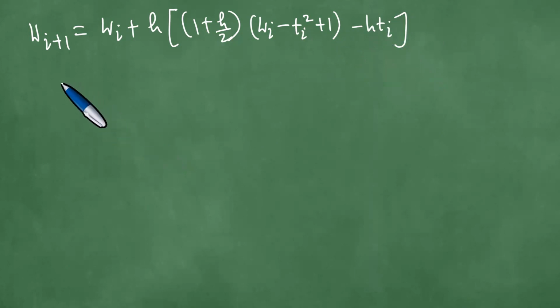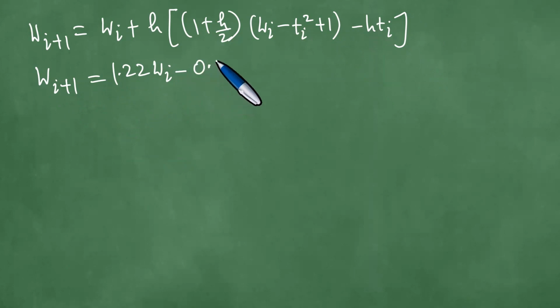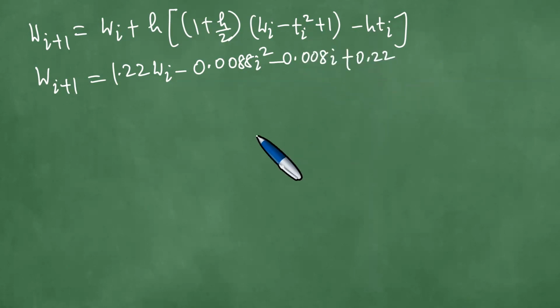So now Wi plus 1 equals 1.22 Wi, 0.008i squared minus 0.008i plus 0.22.